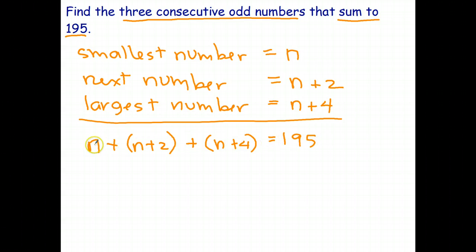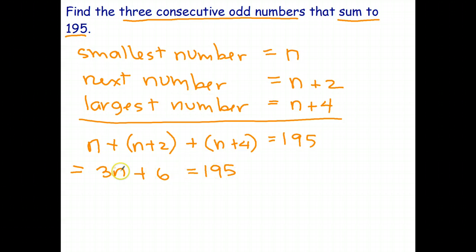The sum of the three consecutive odd numbers adds to 195. And again, the brackets here are optional. Okay, let's go ahead and simplify that. Well, n plus n plus n is 3n, plus 2 plus 4 is 6, and that adds to 195.